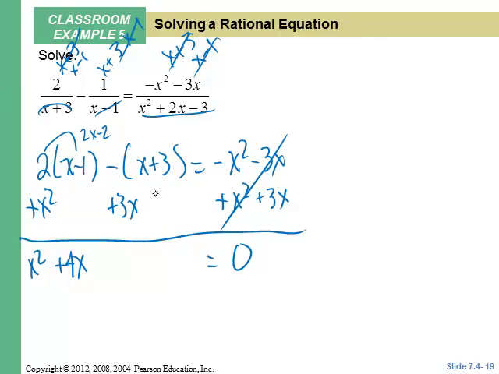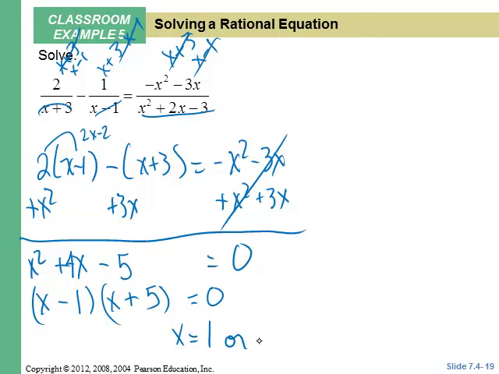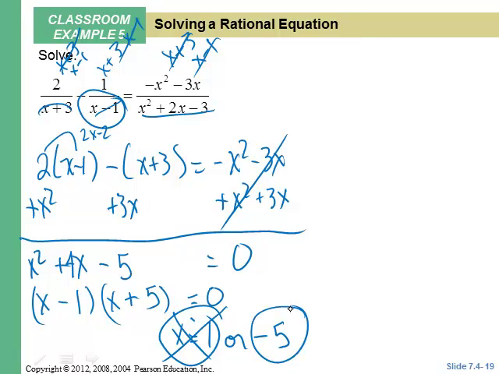Negative 2 minus 3 more is minus 5, so that factors into x minus 1, x plus 5 equals 0. So x equals 1 or negative 5, but it can't be 1 because that makes this 0. So x equals negative 5.